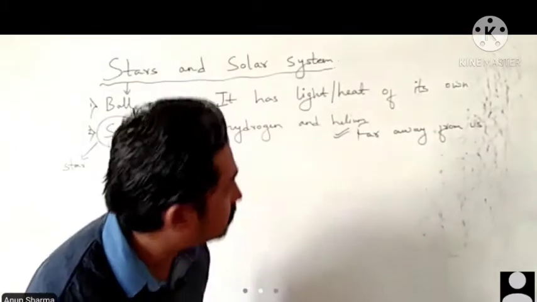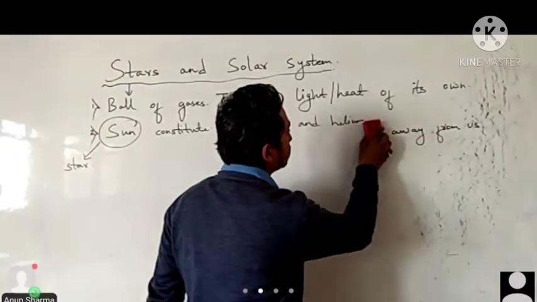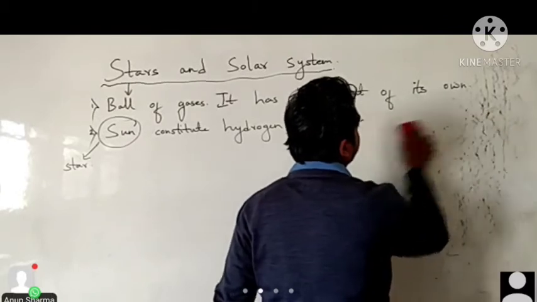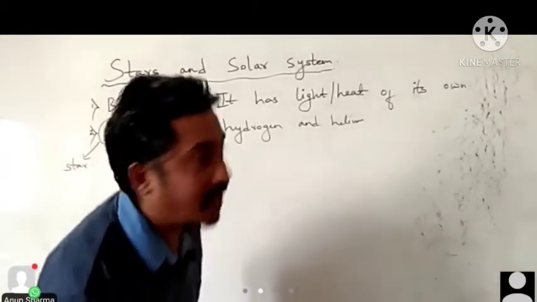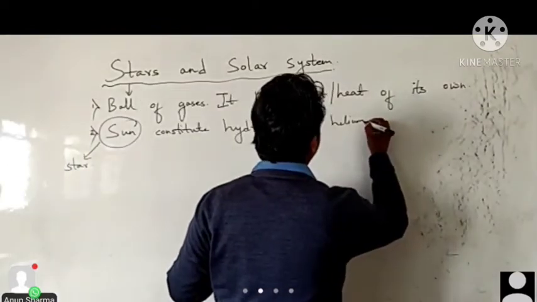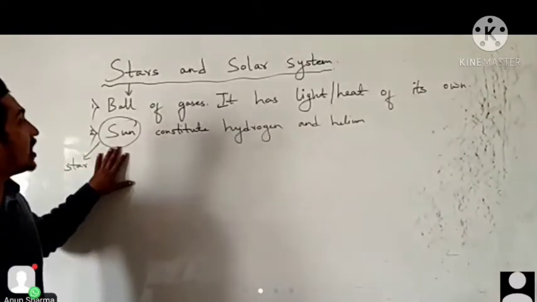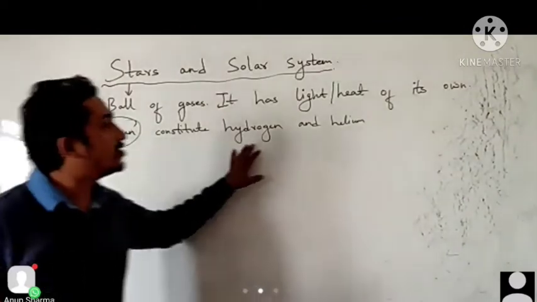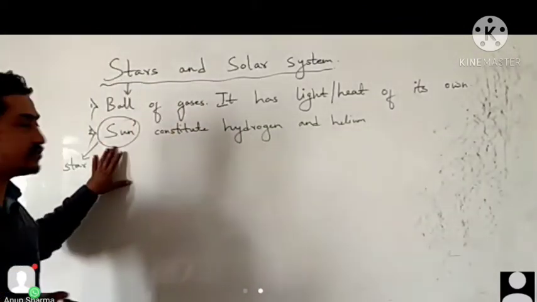We will learn about gaseous planets and rocky planets later on when we discuss planets. So just understand that stars mostly constitute hydrogen and helium, as in the case of the sun also.